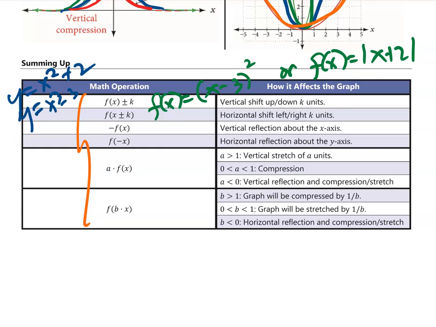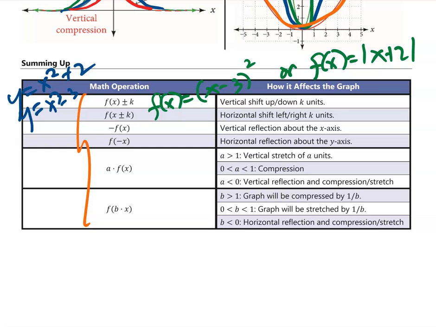And then vertical reflection, a negative in front of f of x, that is outside, so vertical. And a negative inside, f of negative x, is a horizontal reflection.